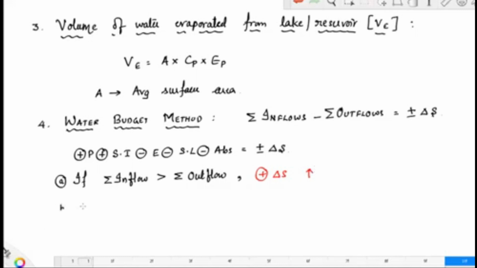Condition B is that if summation of inflow is less than summation of outflows, then you have to take a negative delta S. Why? Because water level will decrease. Next point, fifth point. So energy balance method is not so important. So chemicals used to reduce evaporation.